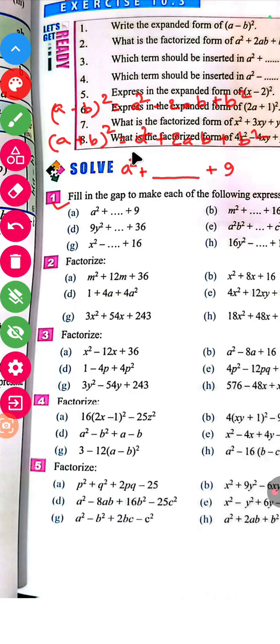So the expanded form must be in this form, a square plus 2ab plus b square, or a square minus 2ab plus b square. Out of these two, any one form should be there.